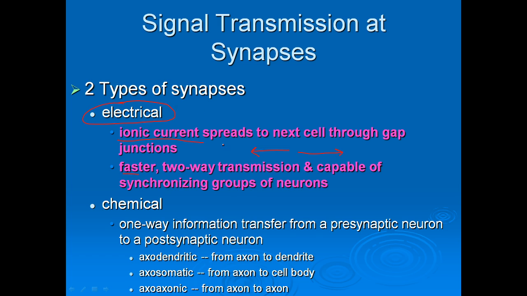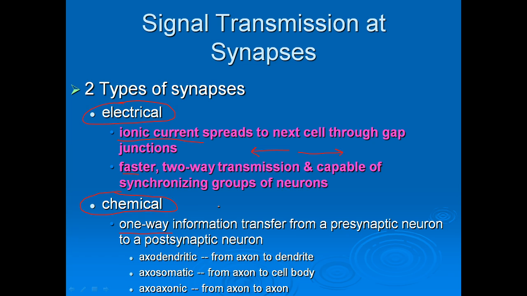Now, we're going to talk about electrical synapses a little bit later. I want to focus right now on the second type, these chemical synapses. Chemical synapses are what we talked about when we discussed the neuromuscular junction in chapter 10. So it's a one-way movement of information.